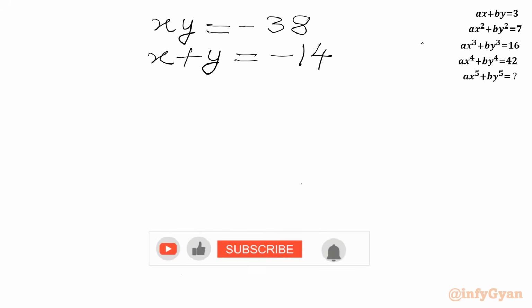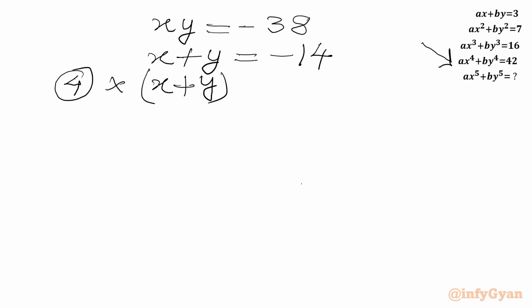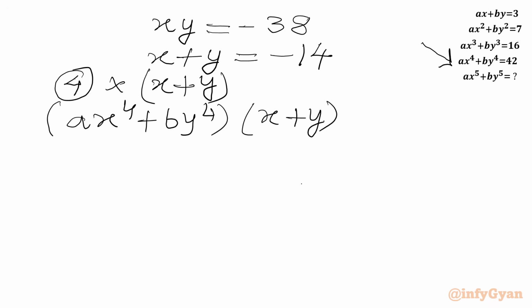Let me write here. Here it is. Now we will consider our fourth equation and we will multiply both sides by x plus y. We'll write the LHS of equation 4, ax^4 + by^4, and we have to multiply this bracket with x plus y. In the right hand side we have 42 in equation 4, so we'll multiply 42 with x plus y. Let's multiply ax^4 times x.